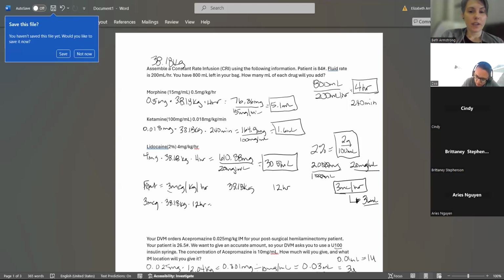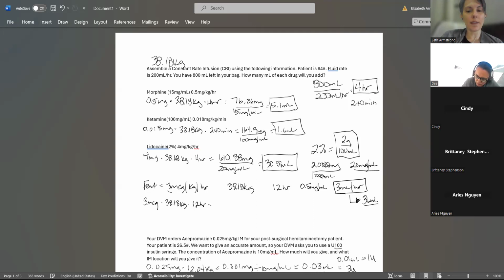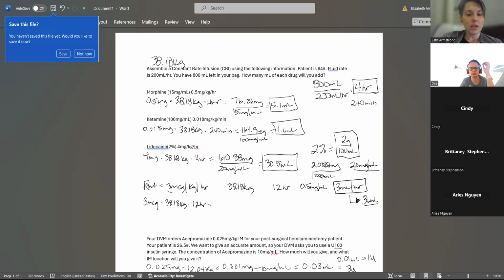Also, my concentration of fentanyl is 0.5 mgs per mL. So 3 times 38.18 times 12. What do I get?